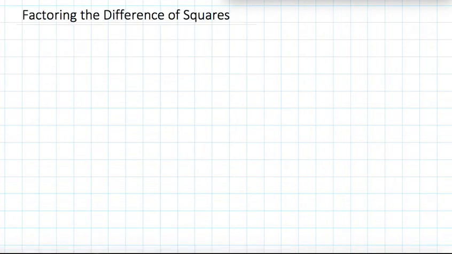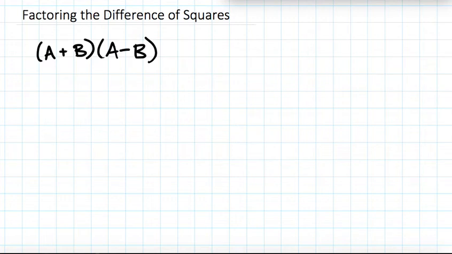And if you think about FOILing something where you have the same thing, but you have one with a plus sign in the middle and one with a minus sign in the middle. Now what's going to happen when I FOIL this is I'm going to get a squared for first. For the outside, I'm going to get minus ab.